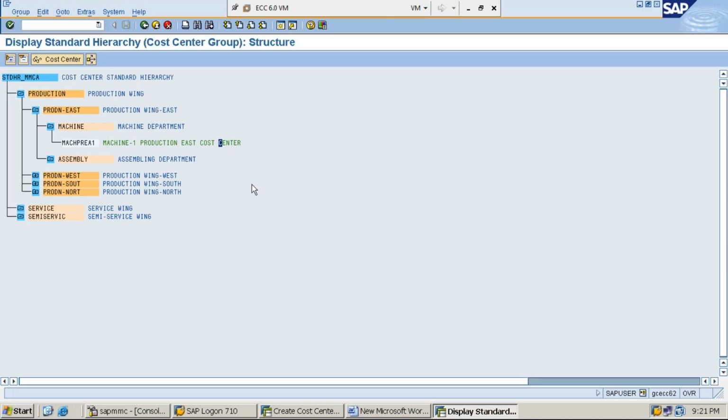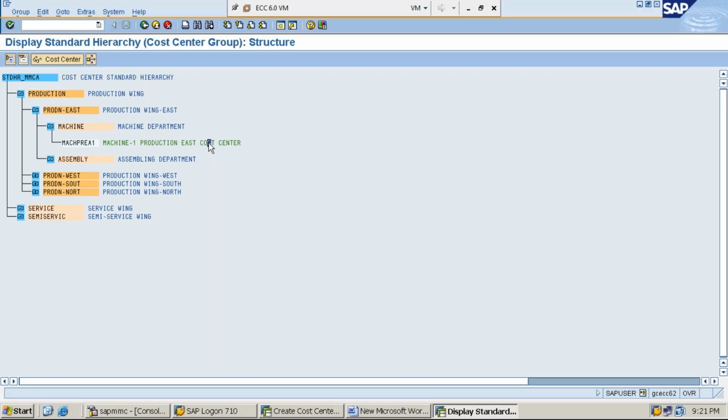Can you repeat it again? See, works will take place, operations will be done, or activities will be done at cost center level, correct? Yeah. As and when we operate, as and when we do activities, expenses will be incurred.